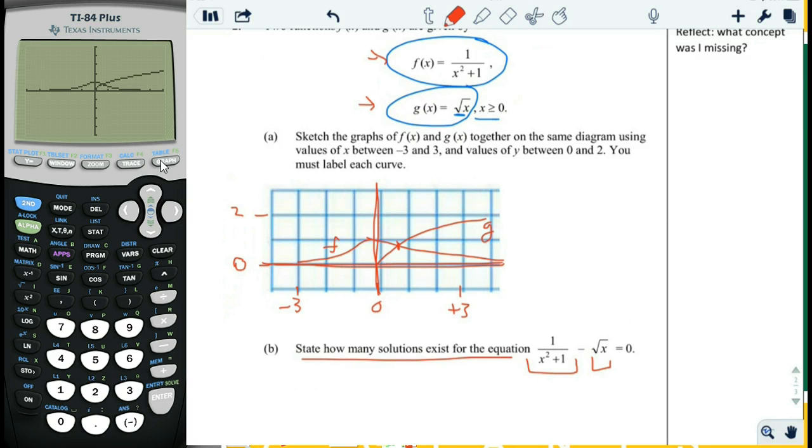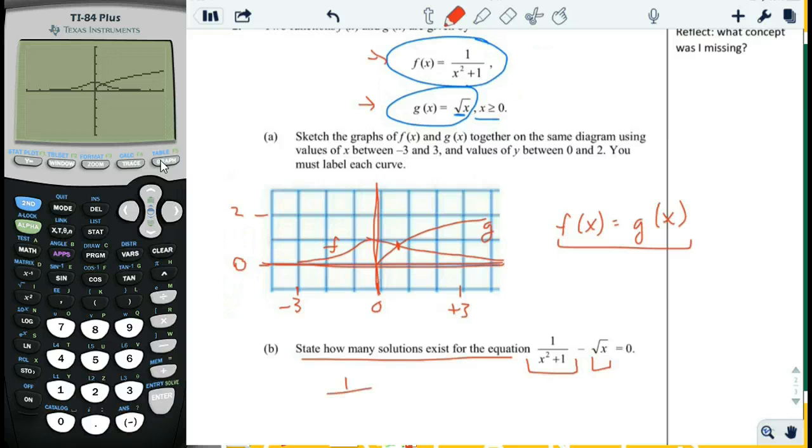How would you find that intersection? Well, basically, that intersection is saying, hey, that is when f of x is equal to g of x. Okay, so when is f of x equal to g of x? Well, if f of x is equal to g of x, then that would be that intersection, okay?